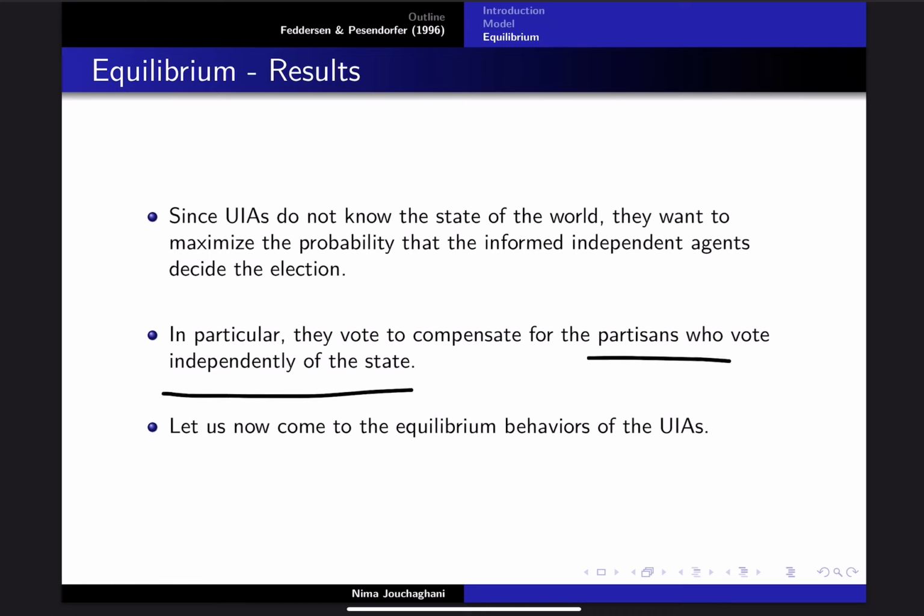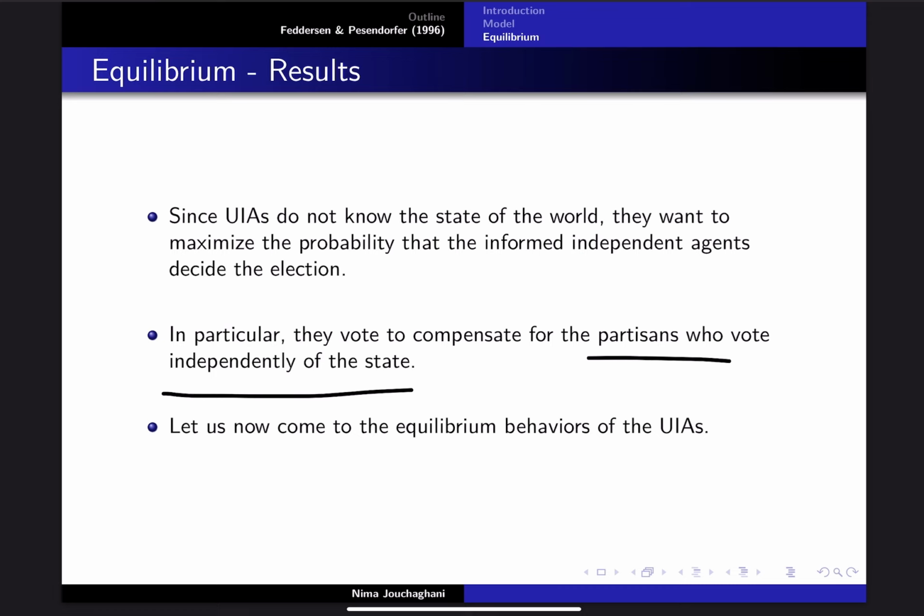In principle, what you could think of is that the partisans are just strictly voting for one candidate independent of what the state is, and this is not maximizing the utility of the uninformed independent agents, because the partisans simply vote for one candidate and do not care about the state. But the utility of the independent agents does.